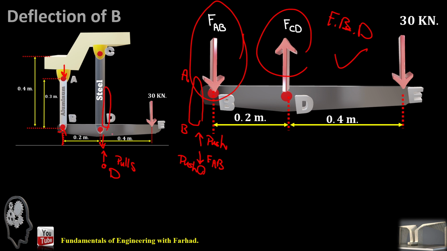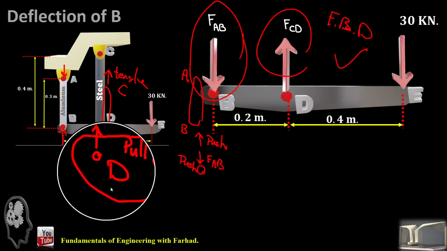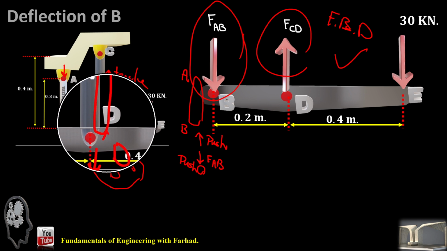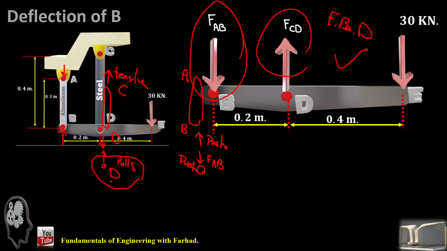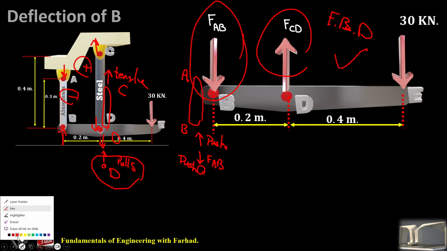So if this is DC and this is a tensile force, tension applied to the pin at D, so the same kind of force should be applied to the member. So that's a tensile. So we definitely know that DC increases in size and AB decreases in size. So that's just the intuition based on the free body diagram.